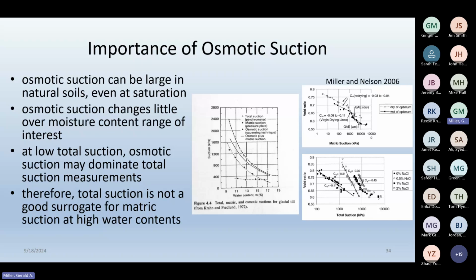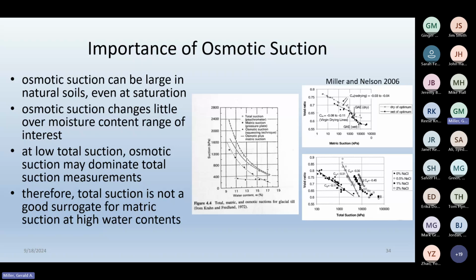But if you parse it out based on total suction, you would conclude that there's a big difference due to the salt content. But that's just because the salt content is affecting the total suction measurement. It's not really affecting the mechanical behavior. So again, it's important to be thinking about that osmotic suction when you're making total suction measurements.